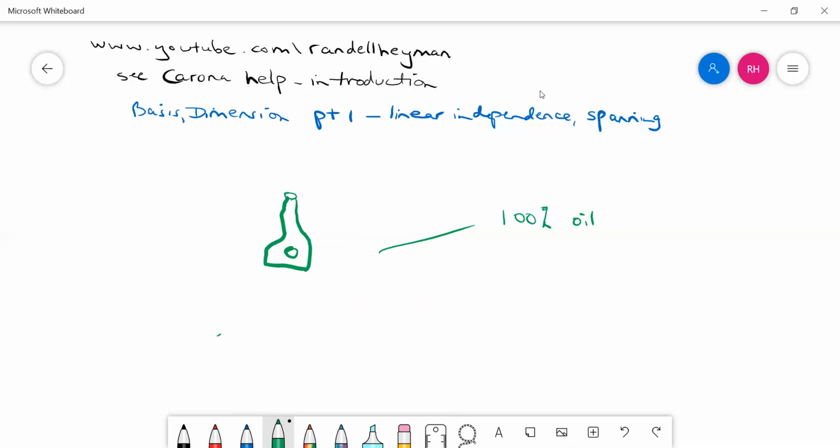So span is really a concept about coverage. If we have a spanning set, in this case a spanning set of bottles, I'll put this one back. Here's the vinegar. Then, as we said, we can do what we want. For any person at the table, we can cater for what they want.